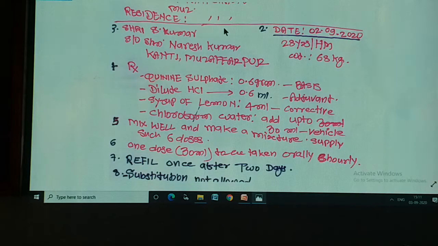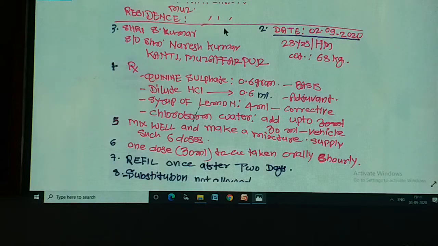Next part of the prescription is superscription, here denoted by the sign Rx, and then comes inscription, which is the body of the prescription.